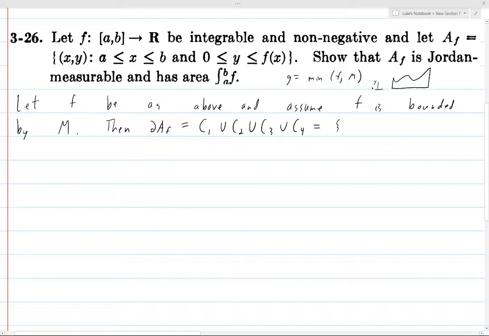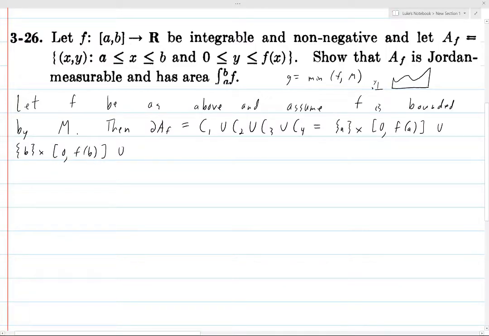So it's a cross the closed interval from 0 to f of a. And then C2, let's go with the right vertical line. So that's going to be b, and then we'll have all values from 0 to f of b.